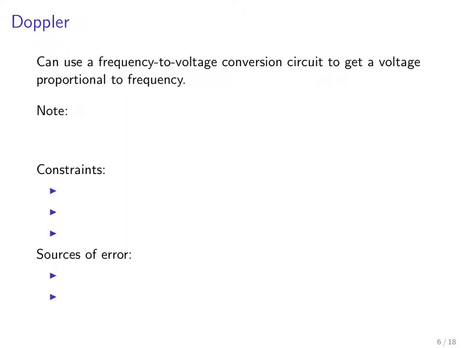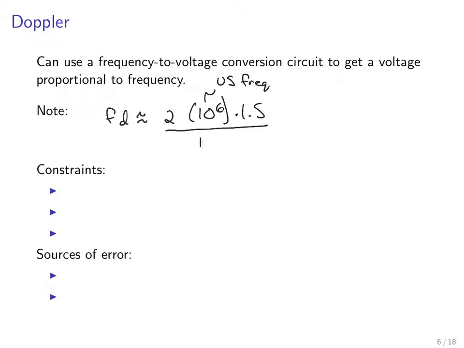So note here that the Doppler shift frequency is going to be on the order of 2, since we have a round trip, times 10 to the 6th, since our ultrasound frequency will be on the order of megahertz, times about 1.5, which is about the speed of blood, 1.5 meters per second of blood in the fastest vessels, divided by the speed of sound, 1500 meters per second, which gives us frequency shifts on the order of 2 times 10 to the 3rd, or about 2 kilohertz.